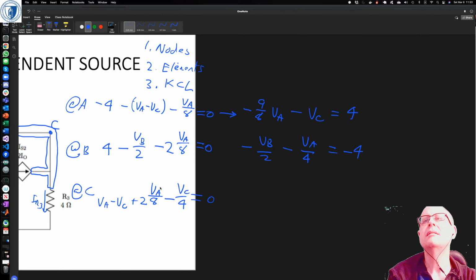And here we've got VA, actually, and what's that, a quarter, so it's 5/4 of VA, right? And then minus, it looks like it's 5/4 of VC.